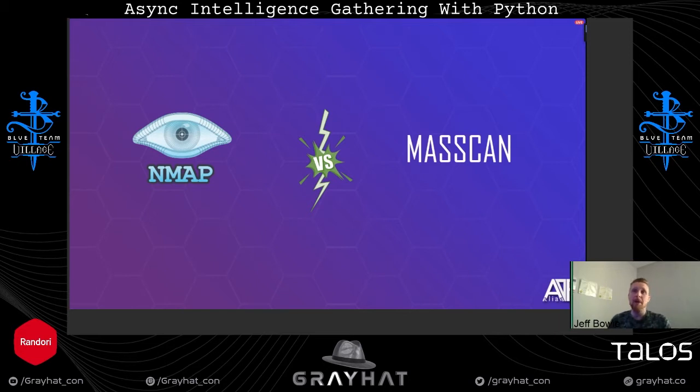While Nmap may be slow and have timing differences, which Masscan does too, it's going to be a lot more accurate because it has more tests and it's more thorough. Whereas Masscan is kind of like a machine gun blast to the whole internet, so it can be inaccurate at times. But nothing should be set in stone, as in you should always double check your results with multiple tools.